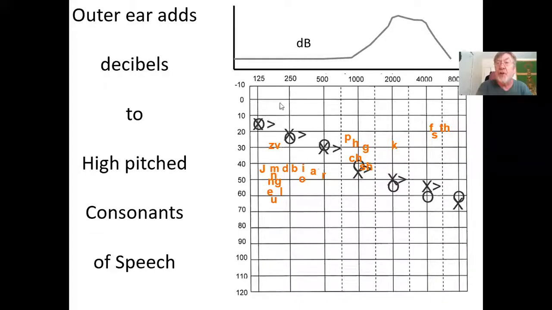If you've got good hearing in the low frequencies, you're going to want a large vent to let out the lows so you don't get that occlusion effect when you plug up the ear with a hearing aid. If your hearing is worse than that in the lows, then the occlusion effect actually works in your favor, okay? But we'll cover more of that. It's just something I'm giving you a bit of a head start on here.